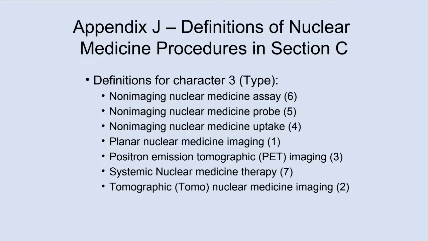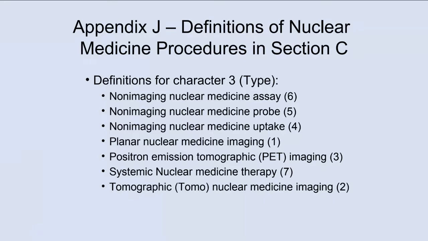Okay, now let's look at the definitions of nuclear medicine procedures. These are in section C. It has definitions for the character type. Again, this is the procedure type. Again, this is character 3: non-imaging nuclear medicine assay, non-imaging nuclear medicine probe, uptake, planar nuclear medicine imaging, positron emission tomography, systemic nuclear medicine, and tomographic nuclear medicine imaging.